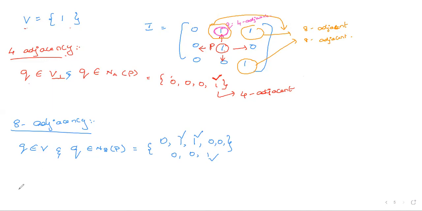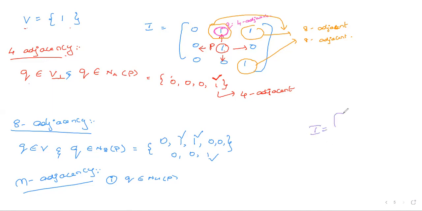Next, M adjacency. M adjacency has 2 conditions, right? First condition is Q belongs to N4 of P. For the same image, I am writing M adjacency in one more color, that is violet.